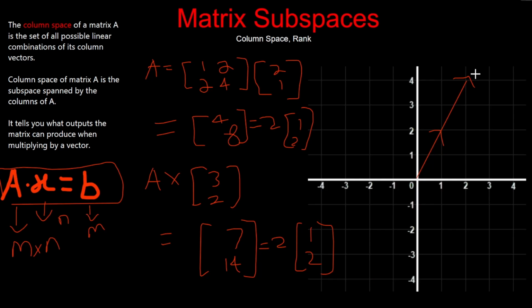So what do you mean by column space? Remember again, column space is the set of all output vectors which we get by the product of the matrix and this vector. Because the columns of the matrix are linearly dependent, they all lie on the same line. So the column space for this matrix will be this line itself.